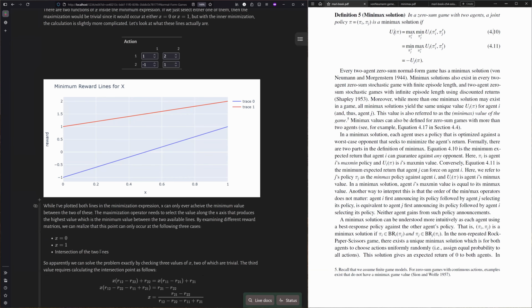It's possible the lines won't actually intersect anywhere, in which case we don't have to check that, or they intersect. In this case, the intersection actually happens at a point x greater than 1, which we know is not going to work.